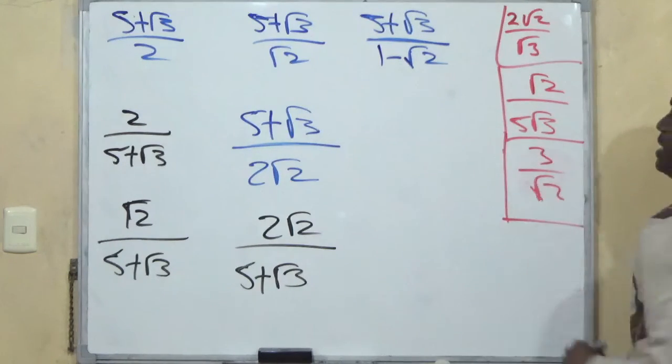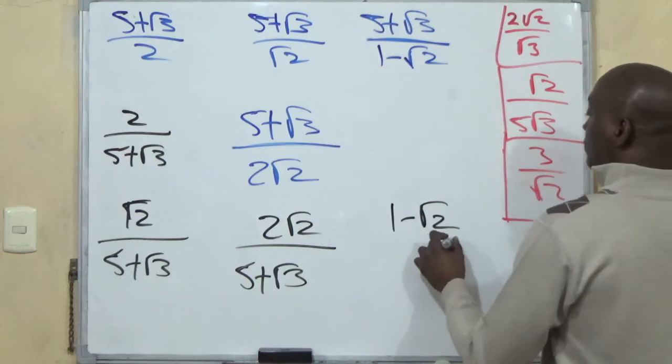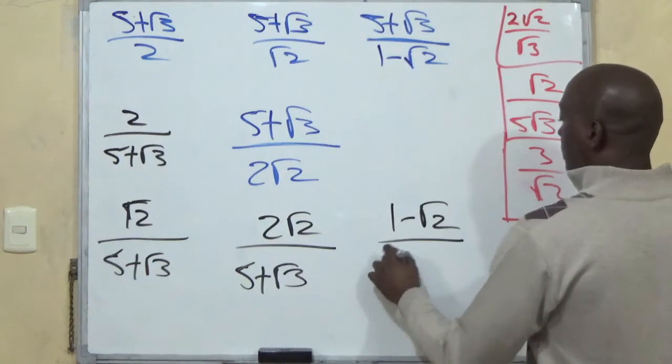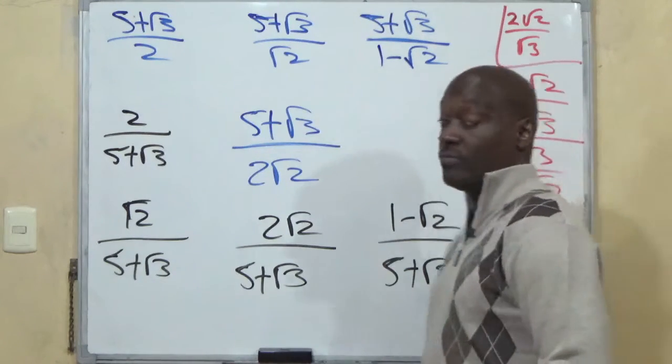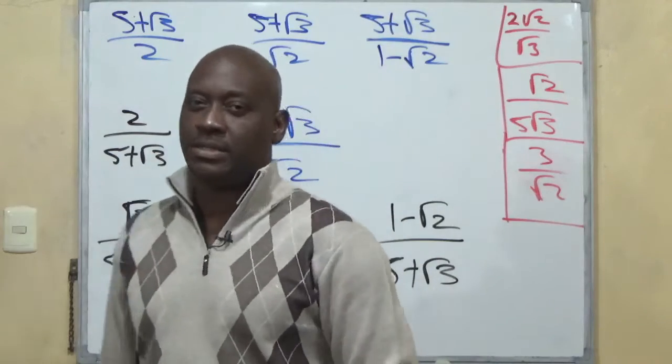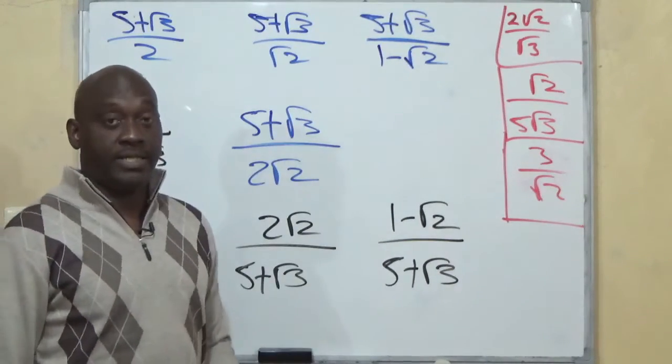And just as we had here, you could also have 1 minus root 2 over 5 plus root 3, a compound surd in both numerator and denominator.